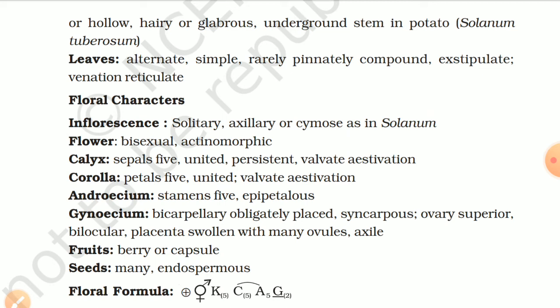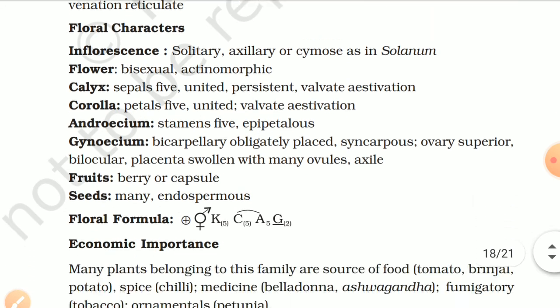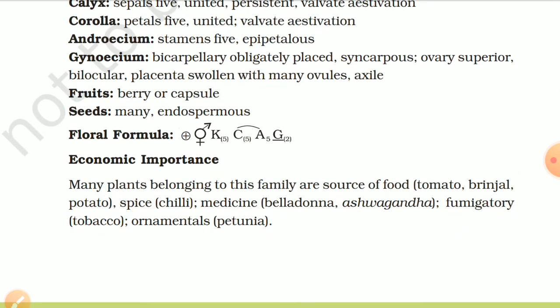Gynoecium bicarpellary, obliquely placed, syncarpous, ovary superior, bilocular, placenta swollen with many ovules. Fruit berry or capsule. Seed many, endospermous. Floral formula.